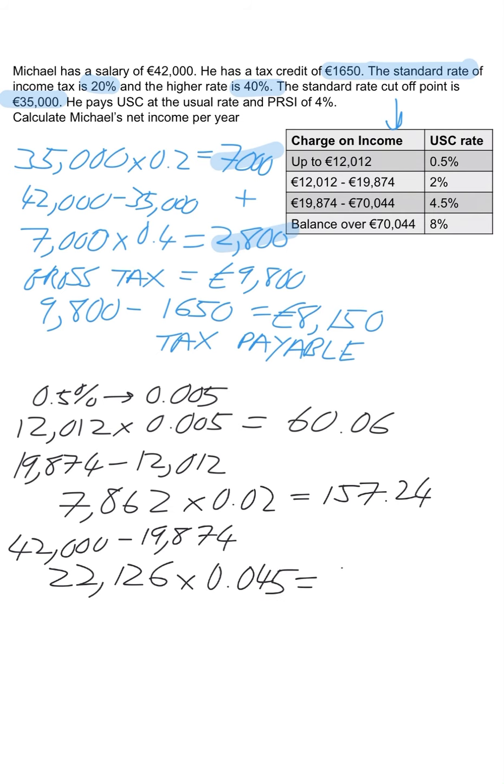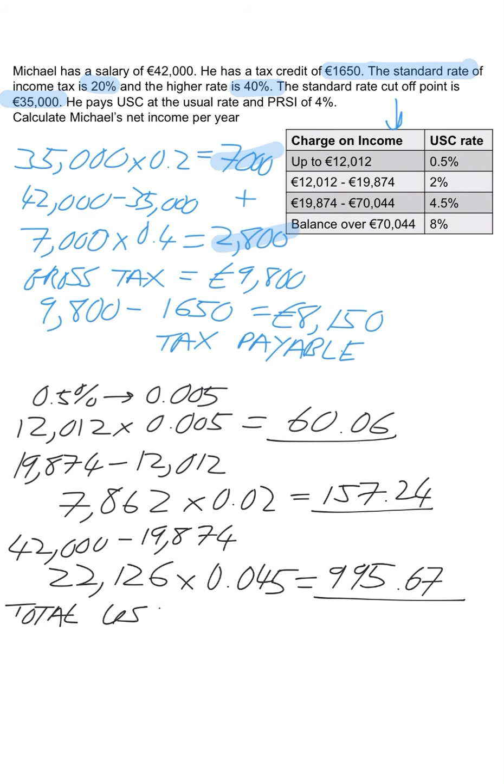So multiplying those, that'll be 995 euro and 67 cents. So then the total USC, let's add up all of these. So when I add up these, that is going to be 1,212 euro and 97 cents.